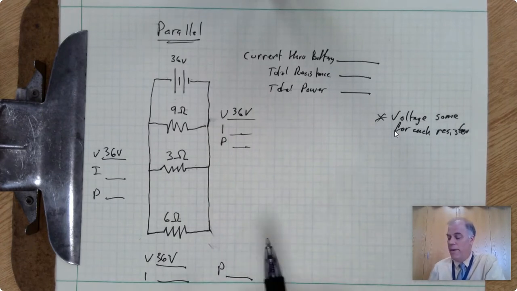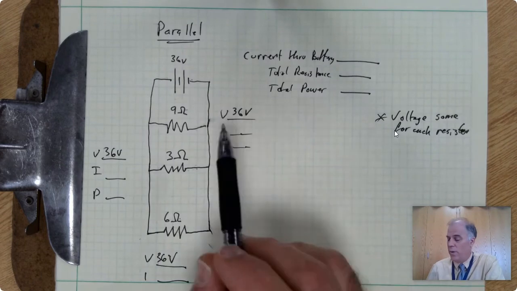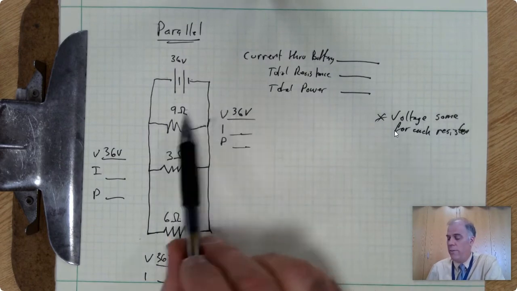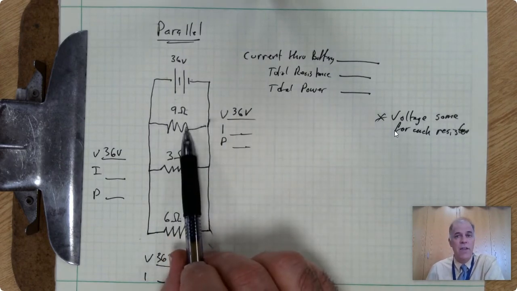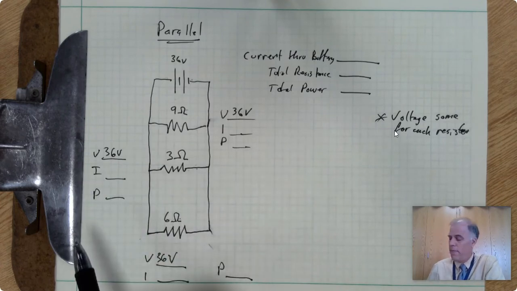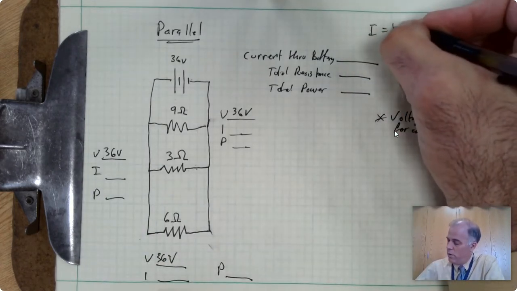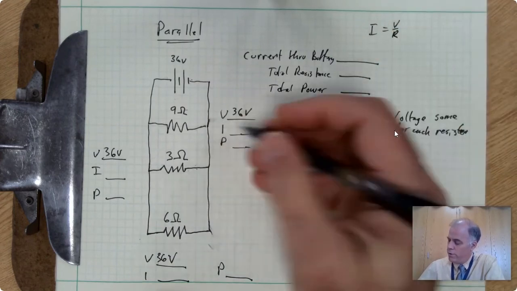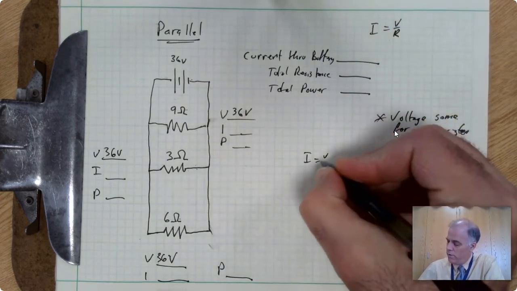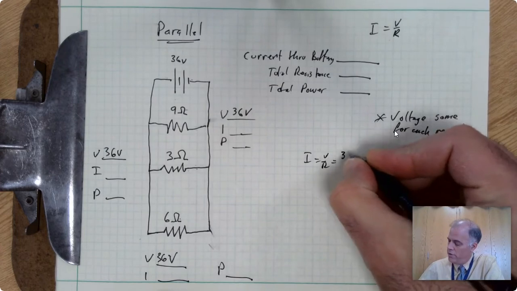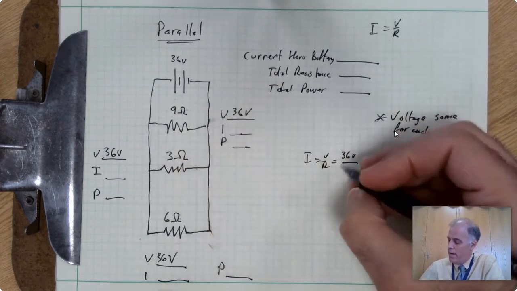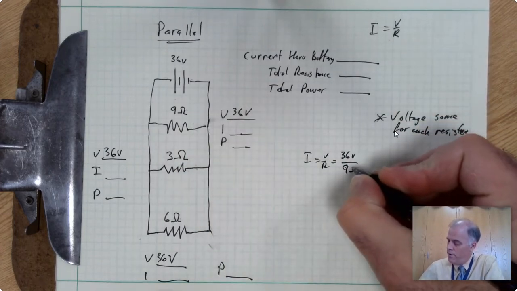Anyway, now again, we're off to the races because we have 2 out of the 3 pieces of information to feed Ohm's law for each one of our resistors here. So again, we're going to use Ohm's law, I equals V over R. And for the first one here, I equals V over R is equal to 36 volts divided by 9 ohms.